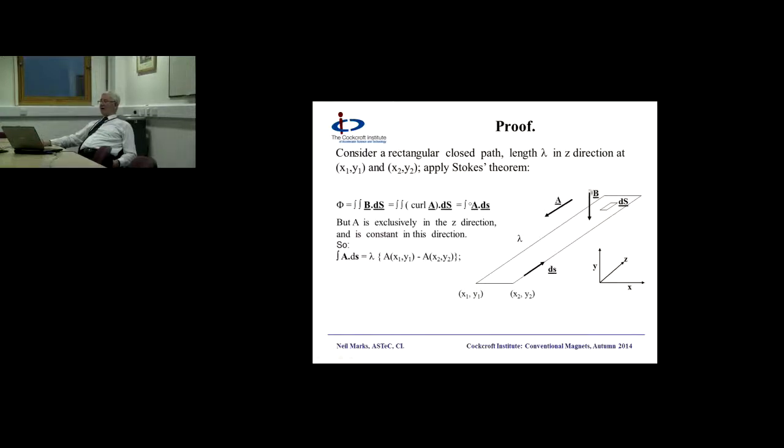So you can neglect the two ends here, and we just say that A dot ds is equal to lambda, which is the length of this particular rectangle, given by the difference of the vector potentials at those 2 points. So phi is equal to lambda times A at x1, y1 minus A at x2, y2.